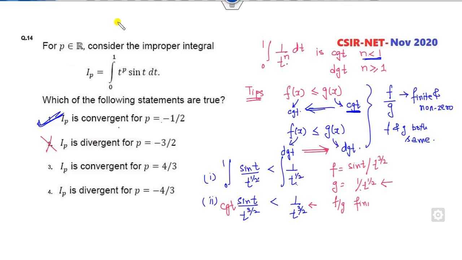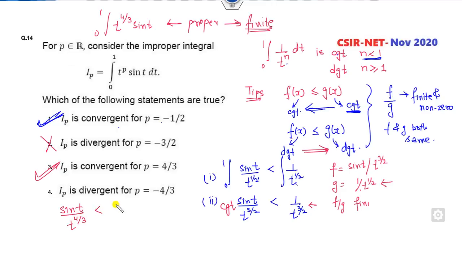Look at this third option. This is t raised to power 4 over 3 sine of t, which is a proper integral. There is no breaking point for that, so this limit will always give you a finite value. That's a simple convergent. When p is equal to minus 1 by 4, it is sine of t over t raised to power 4 by 3, which is again less than this.